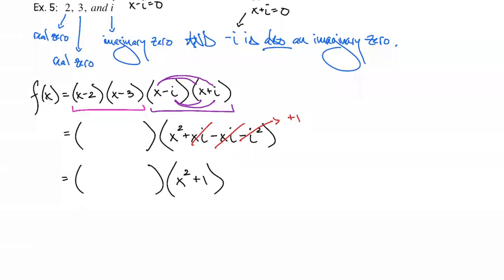All right, let's go back and do the quote unquote easier parts now, or more likely the parts that are more familiar to us. What do we get when we multiply out x minus 2 and x minus 3? x squared minus 3x.